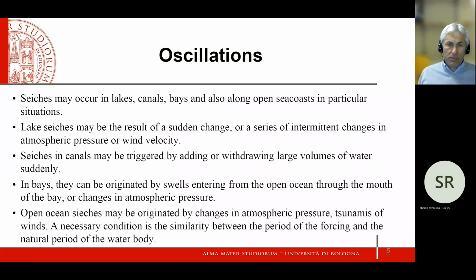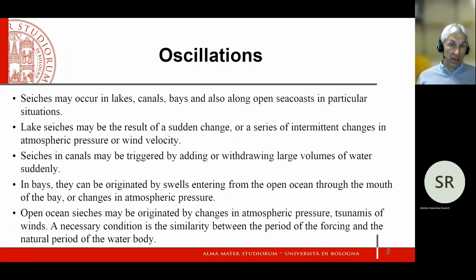In canals, they may be triggered by adding or withdrawing large volumes of water, or they may be activated by the movement of ships. In bays, also in harbors, they can be originated by swells entering from the open ocean through the mouth of the bay. And this is the case we will refer to: swells entering from the open sea through the mouth of the harbor.